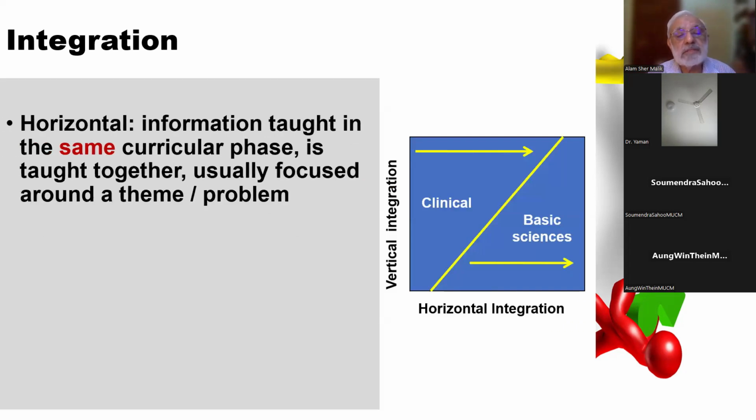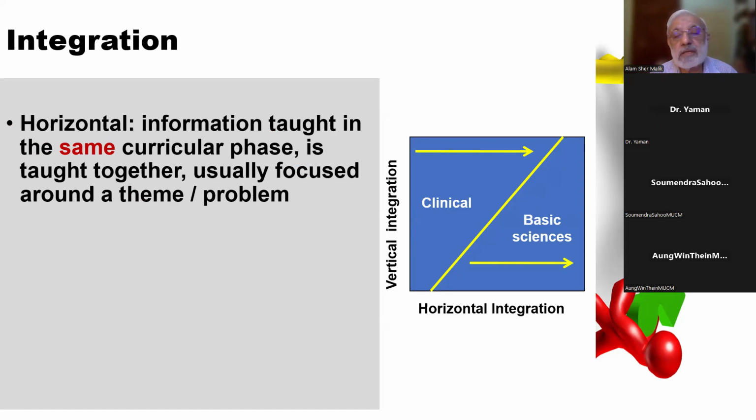Horizontal integration means that information taught in the same curricular phase is taught together, usually focused around a theme or a problem. For example, in medical schools, we have phase 1, or so-called preclinical teaching, where we have anatomy, physiology, and biochemistry.